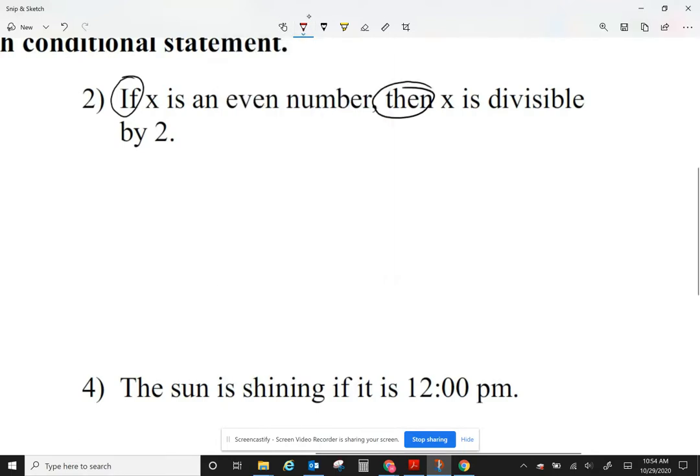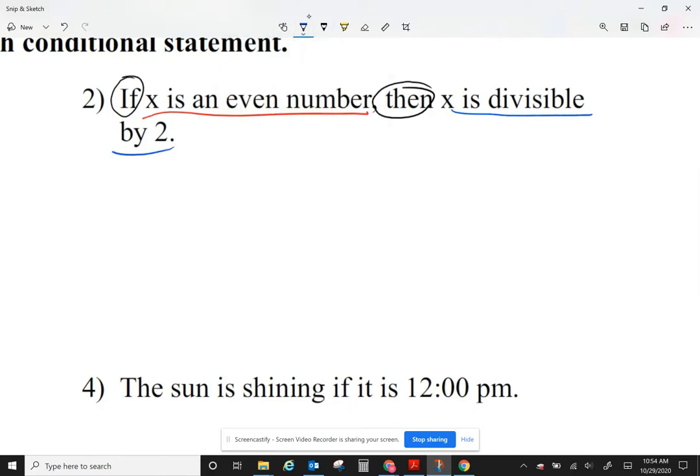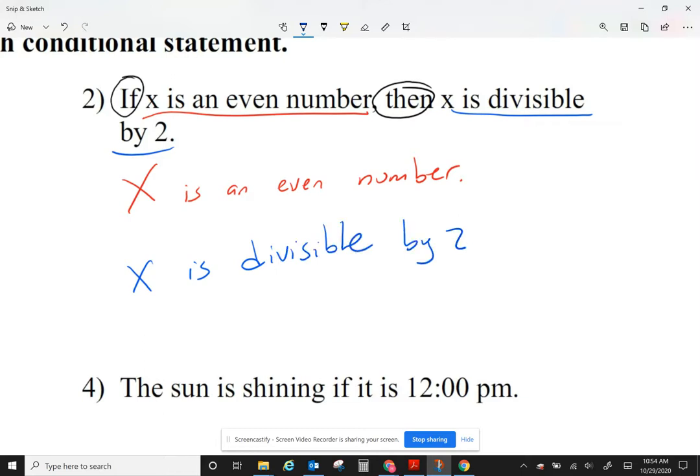If I was asking for the hypothesis of this conditional statement, I will write x is an even number. I'm just writing the if part. For the conclusion, I will write x is divisible by 2. The conclusion is the then part. Once again, keep it word by word.